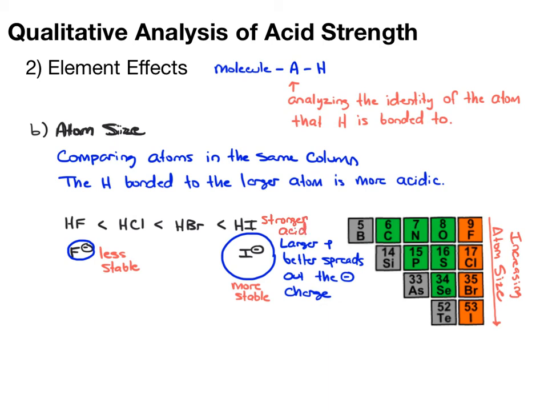Let's do one more comparison. Say you want to compare OH2 versus SH2 versus SeH2. As you go from oxygen to sulfur to selenium, the size of that atom becomes larger. For the same reason we discussed above, the larger selenium is going to be the most acidic.